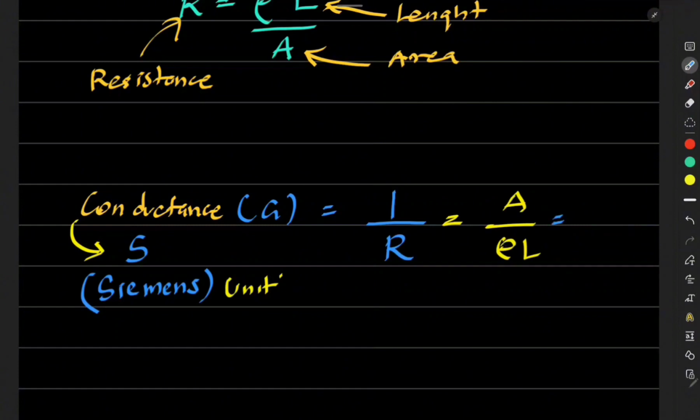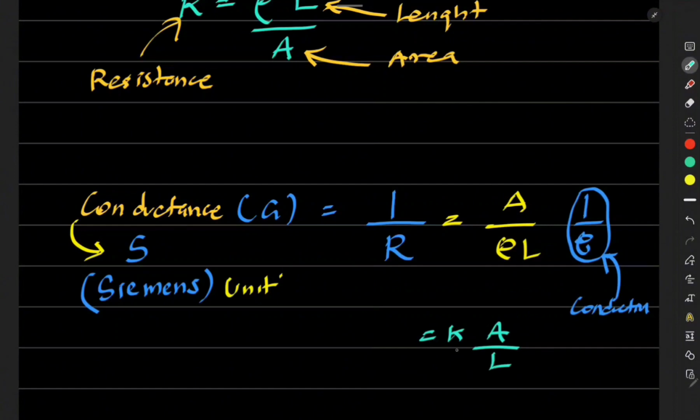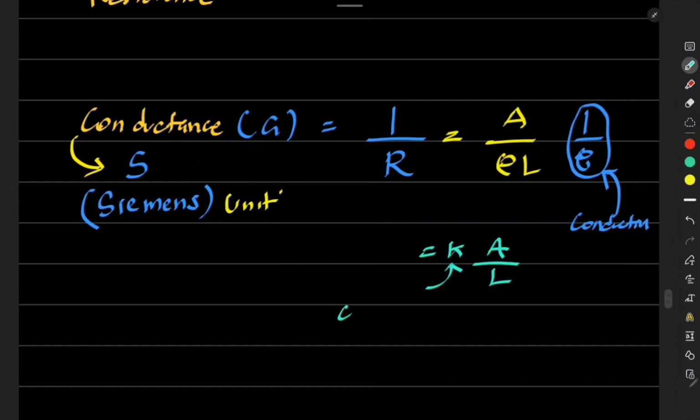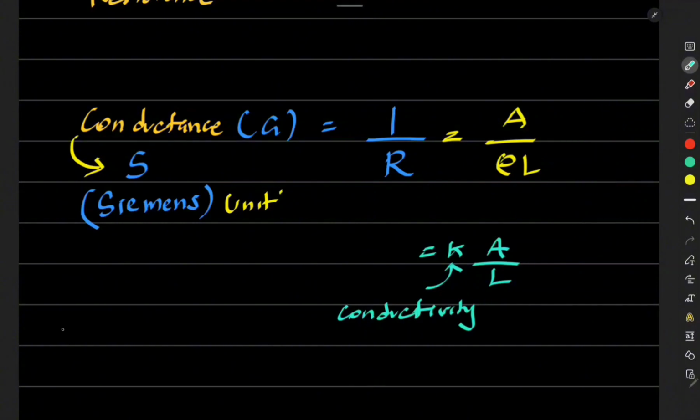We represent conductivity as 1 over rho. This is conductivity. Here we give a symbol K, so conductance is K A over L, and K is equal to 1 over rho.